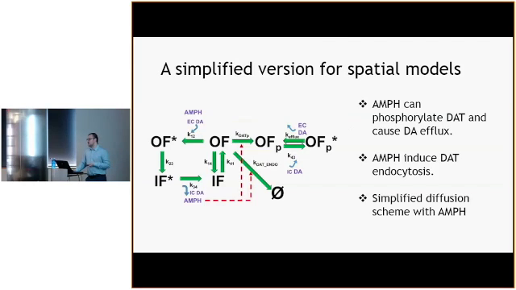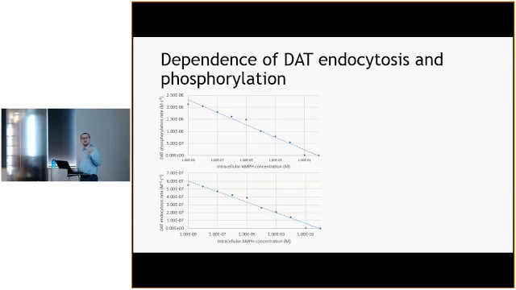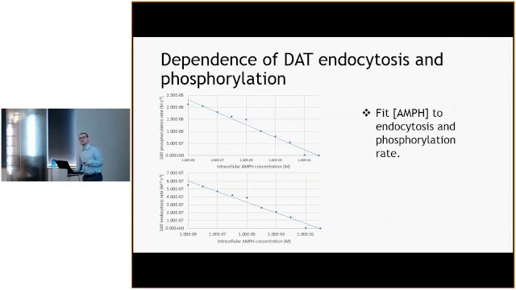We need to find a way to relate the amphetamine concentration to the rate of endocytosis and the rate of phosphorylation. And Bing had a bunch of simulations with different amphetamine concentrations. I used that information, and I fit amphetamine concentration to the phosphorylation rate and the endocytosis rate.